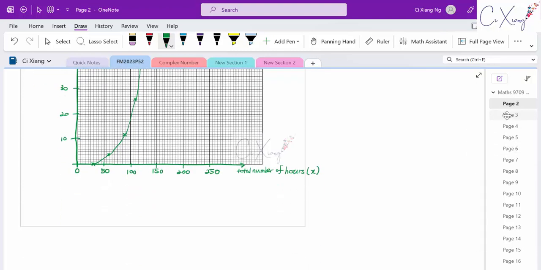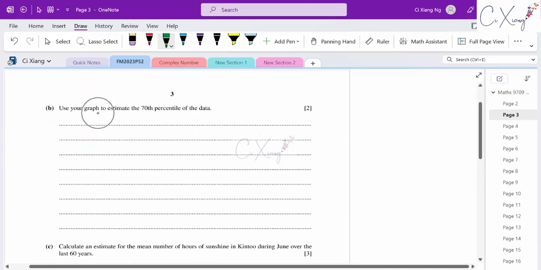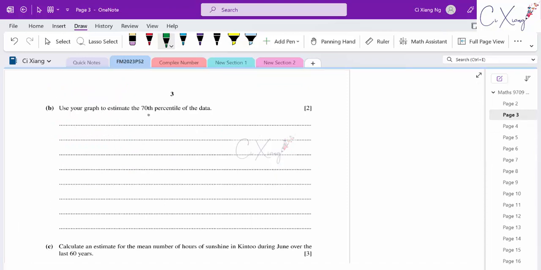Okay, so for question number B, they want us to use the graph to estimate the 70th percentile of the data. So again, when we are looking for percentile, first of all, I need to know in which location I need to start reading the graph. So we are referring to the total frequency, which is 60.